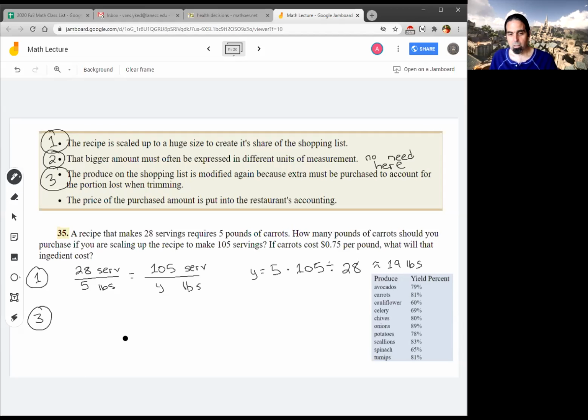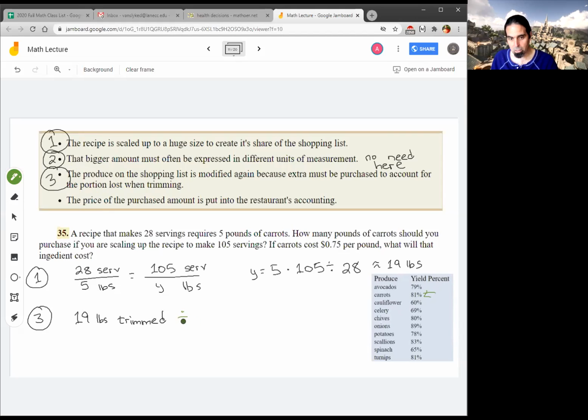Okay, step 3. We have to take yield percent into consideration. If we only shopped for 19 pounds of carrots, then by the time we trimmed them, we'd be too small. So let's take our 19 pounds trimmed. Look for carrots. There they are.